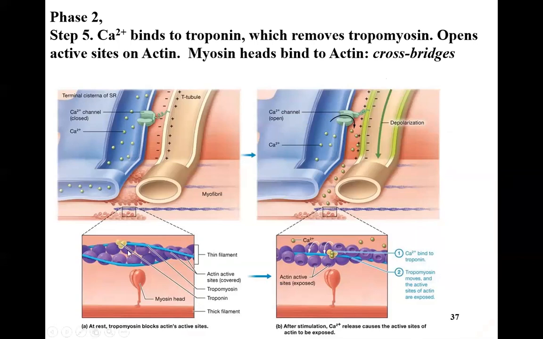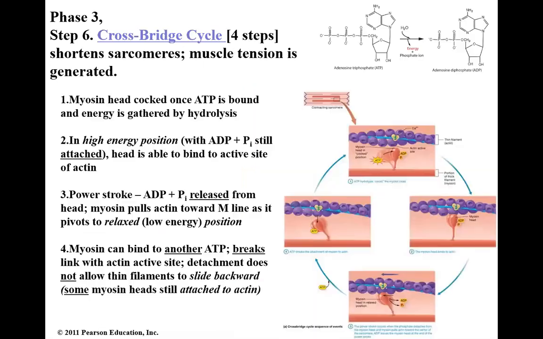And so whenever there is calcium in the sarcoplasm, calcium binds to troponin, and troponin, as we can see here, is literally going to roll the tropomyosin out of the way. And lo and behold, these active sites were right underneath that tropomyosin, so now they're wide open. Anytime these active sites are not covered by tropomyosin, those little myosin heads are raring to go. They are going to bind to those active sites and start the cross-bridge cycle, as we saw in that video.